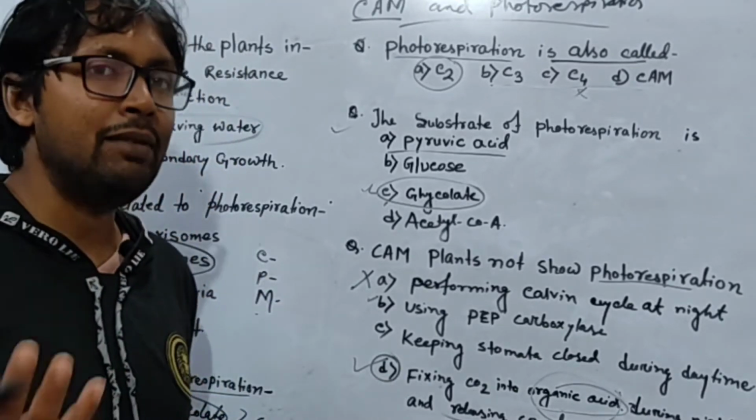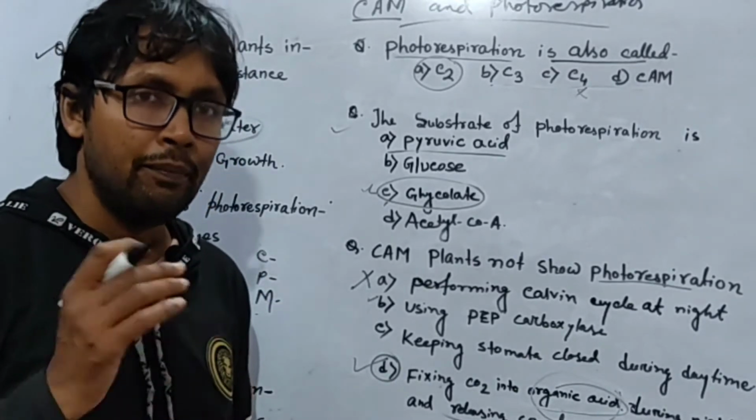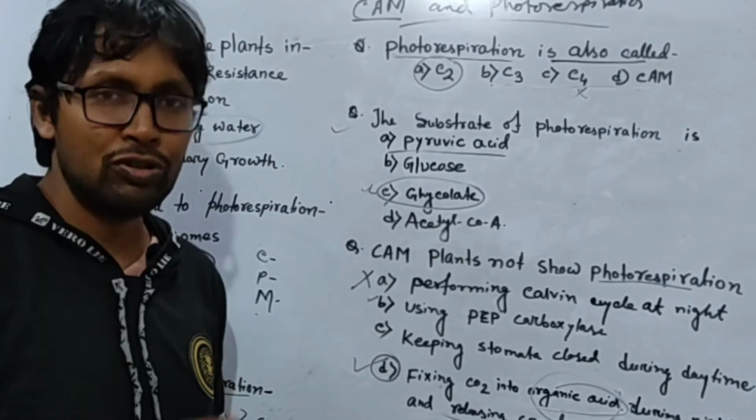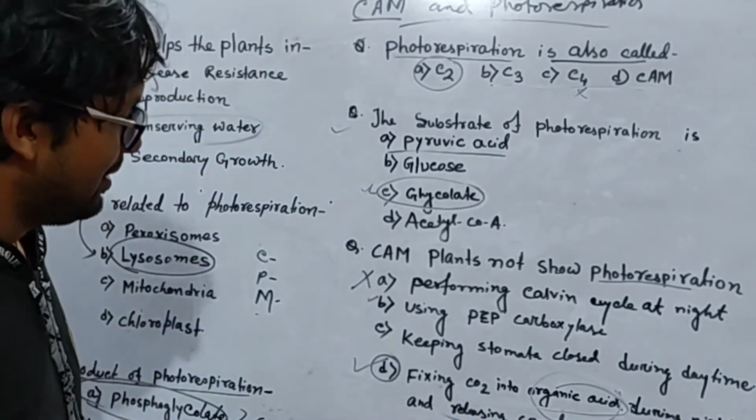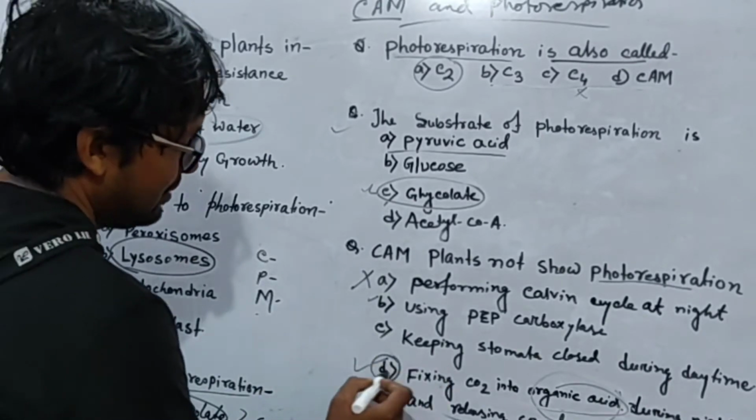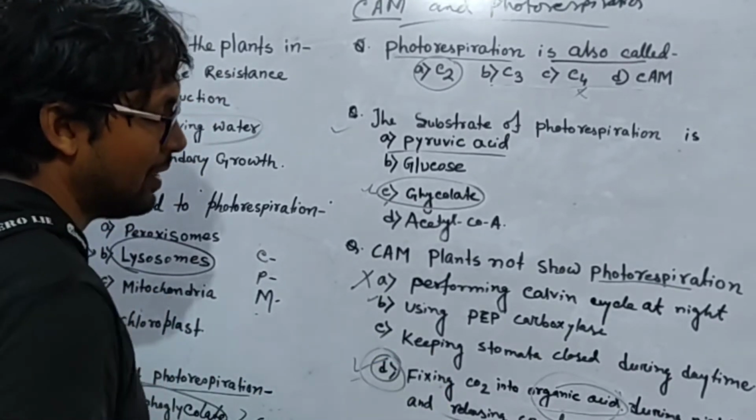During the daytime the Calvin cycle is not affected, because the stomata are closed. So this is the very important point: fixing carbon dioxide in organic acid.